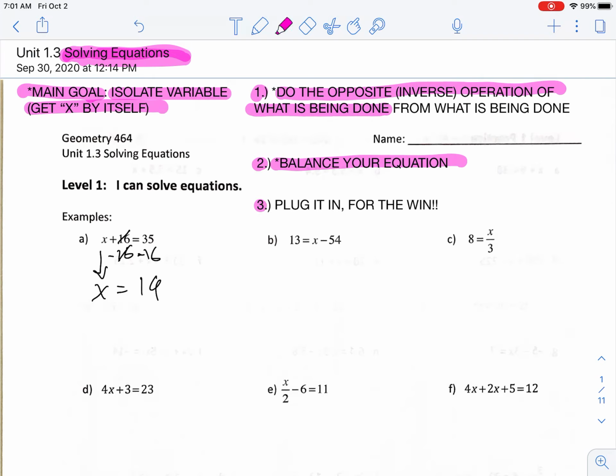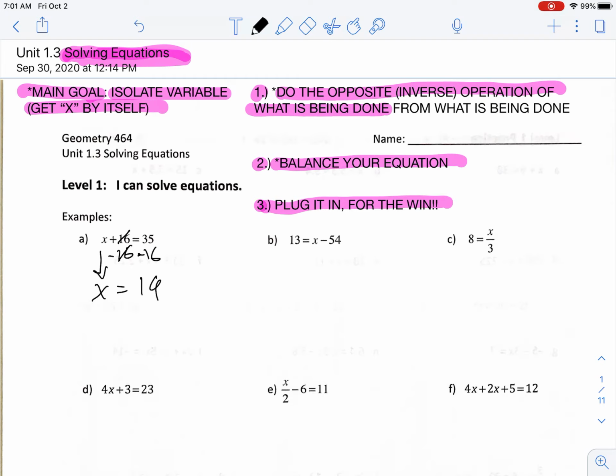Last, plug it in for the win. I want to check to see if I'm right here. And the beauty of solving equations is I can do that. I can find out if I have the right answer or not. So if I have x equals 19, I can see if that is correct by going to my original problem, which was x plus 16 equals 35.